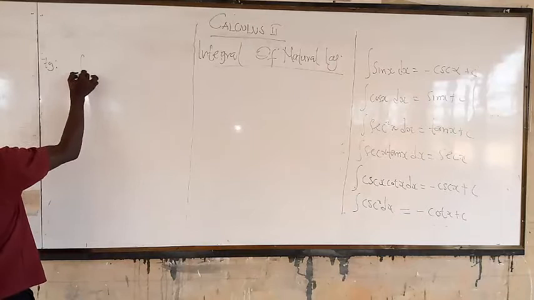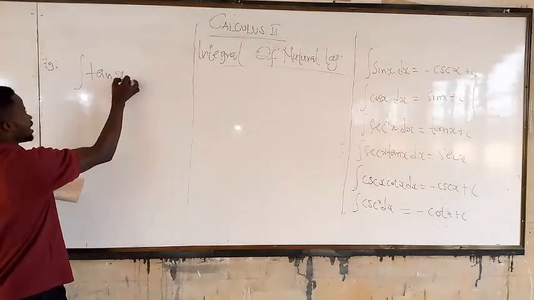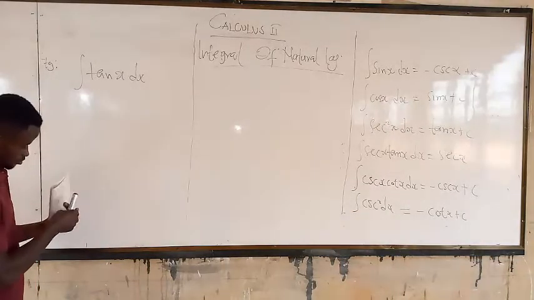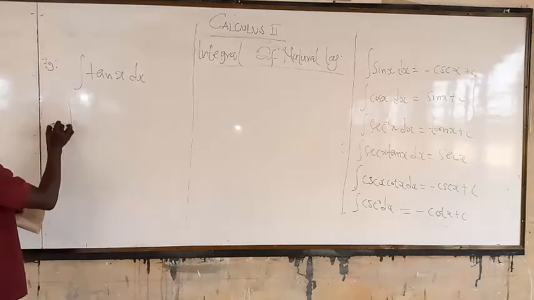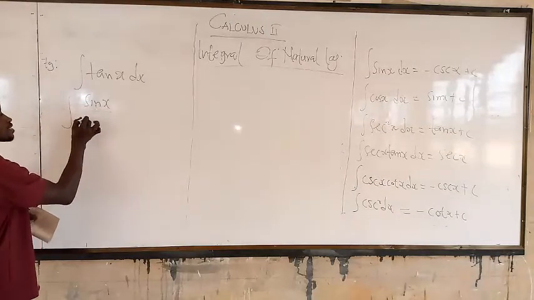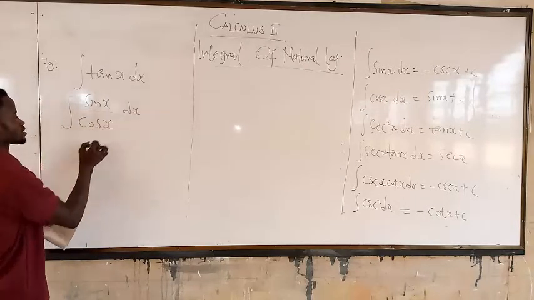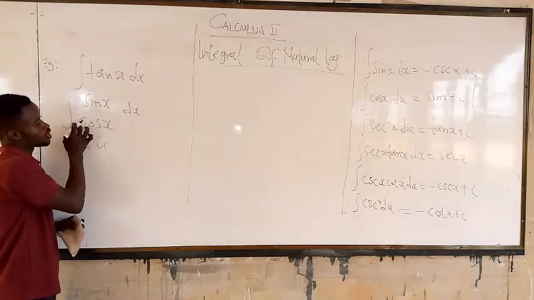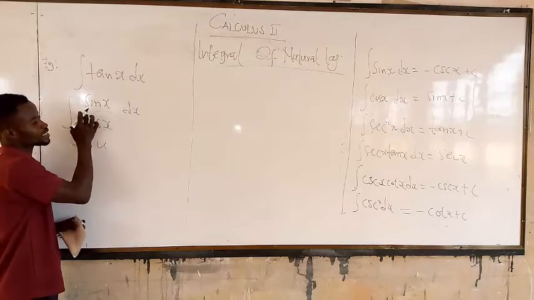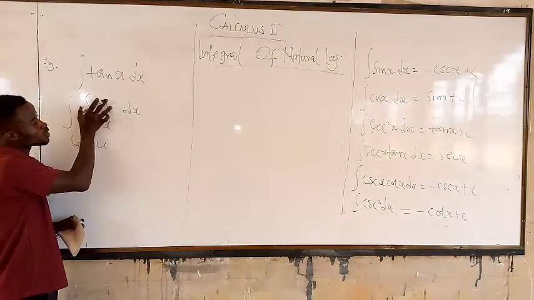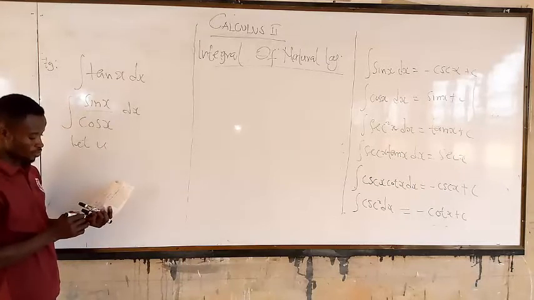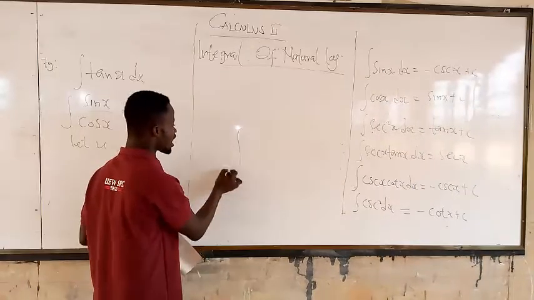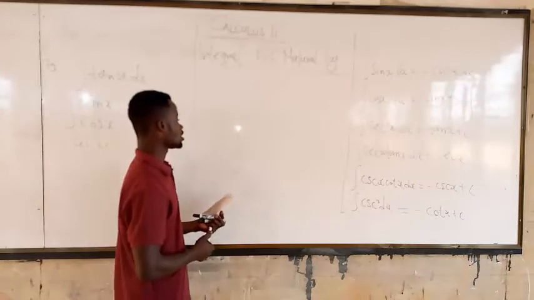Now, the integral of tan x dx. We know that we can rewrite this as the integral of sin x over cos x dx. And let u be equal to this, and when you differentiate, you get a negative sign. I should have told you this a long time ago in the use of substitution.